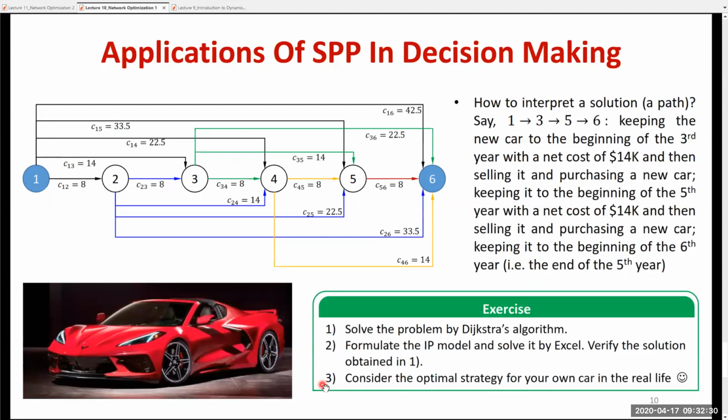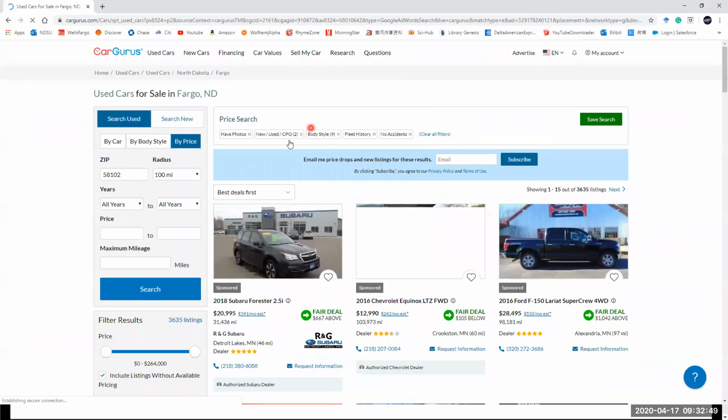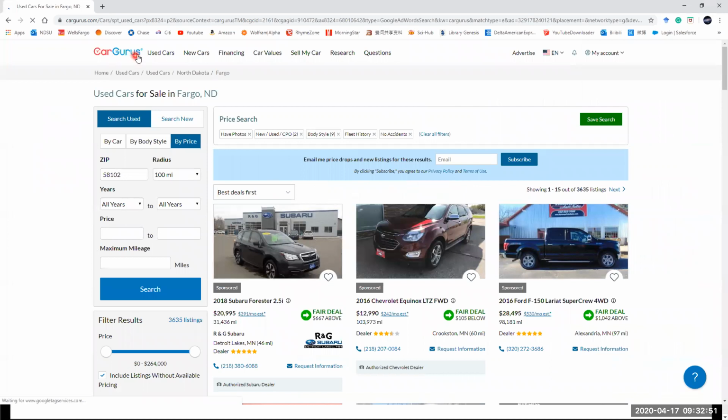By the way, I don't know how many of you are very interested in cars. Have you heard of a website called, what's the name? CarGurus, I think. Let me see here. Have you heard of this website?